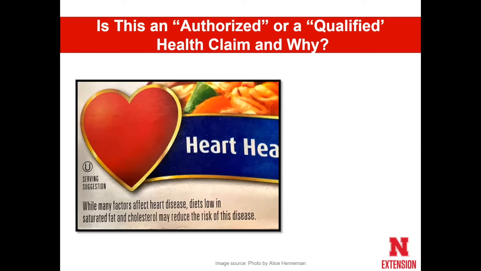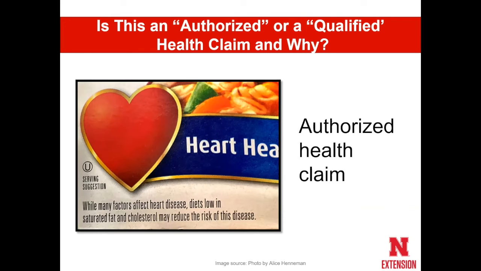So the next label, we can read it, says, while many factors affect heart disease, diets low in saturated fat and cholesterol may reduce the risk of this disease. So is this an authorized or a qualified health claim? So it's authorized, again, because there is no disclaimer statement on the food label.